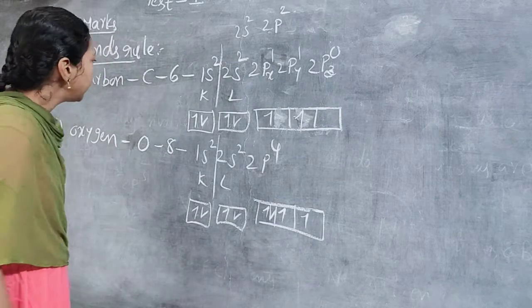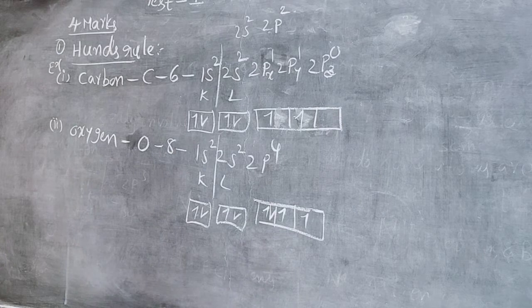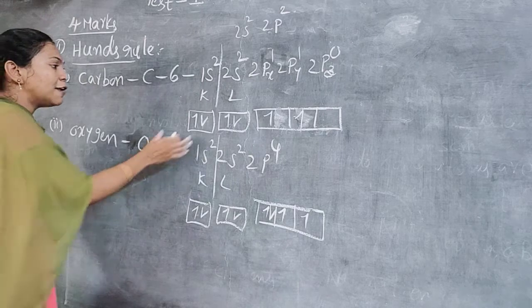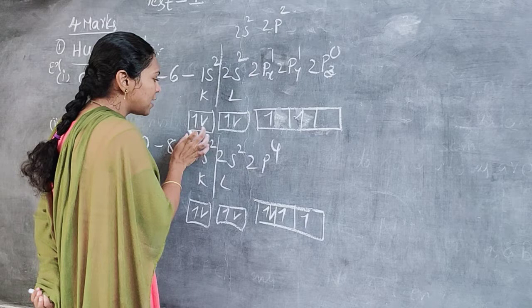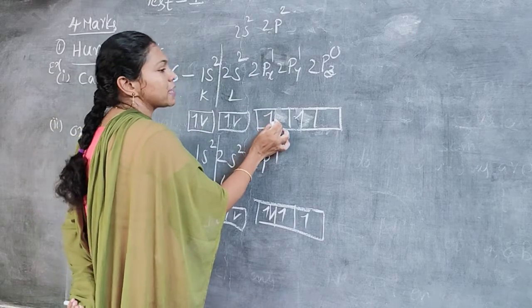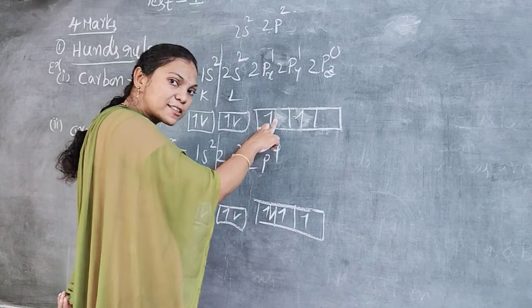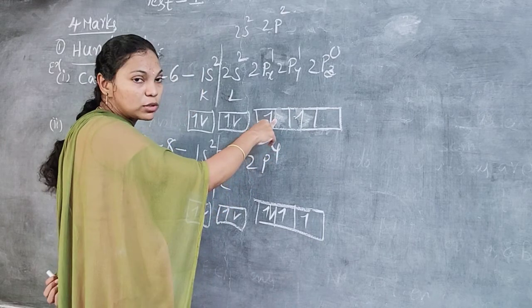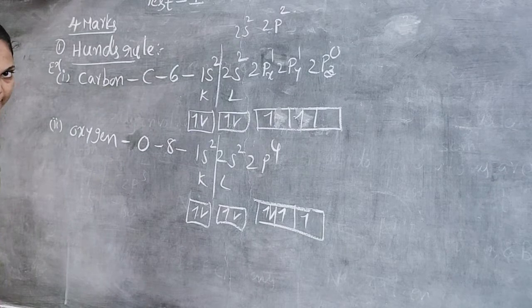Do you understand? I have taken carbon and oxygen as 2 examples. Carbon atomic number 6, electronic configuration 1s2, 2s2, 2p2. I am filling the electrons in these orbitals. 2p2 means 2px1, 2py1. Not 2 electrons in the 2px only; that is wrong according to the rule that empty orbitals must be singly occupied, then pairing is possible.